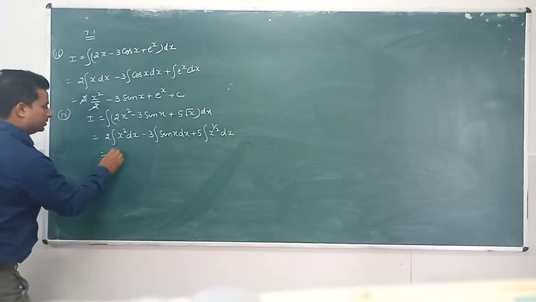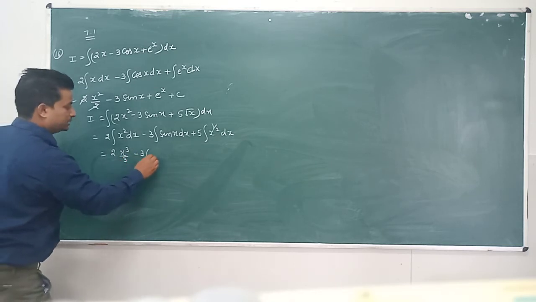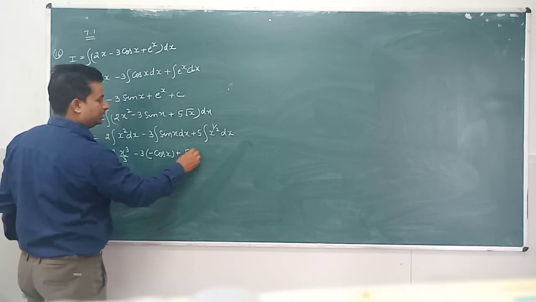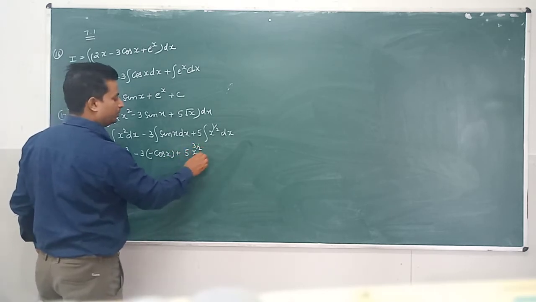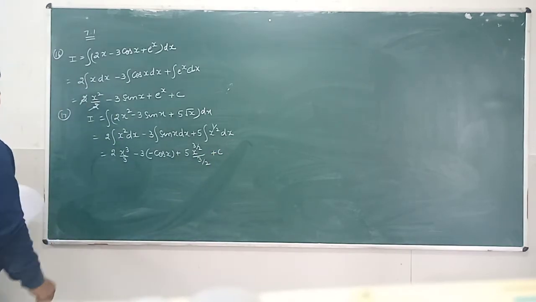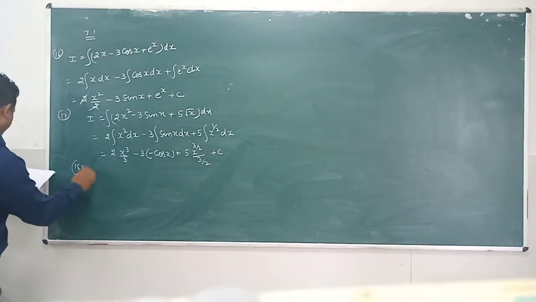So the integration of x square is x cube upon 3, of sin x is minus cos x, and of x to the power half is x to the power 3 upon 2, divided by 3 upon 2, plus c. This is the answer of question number 17.